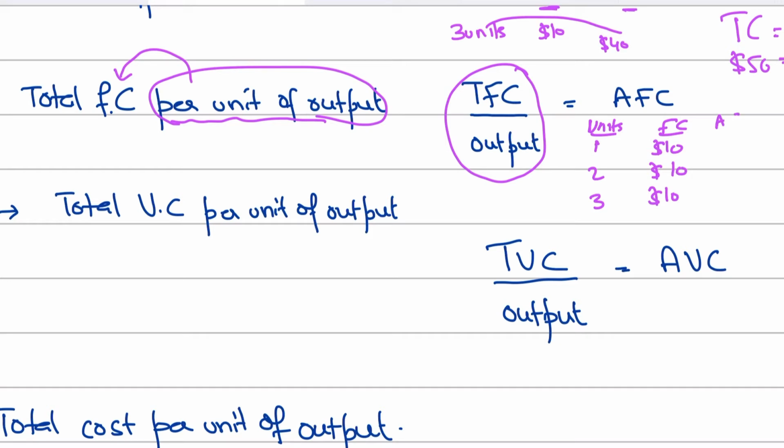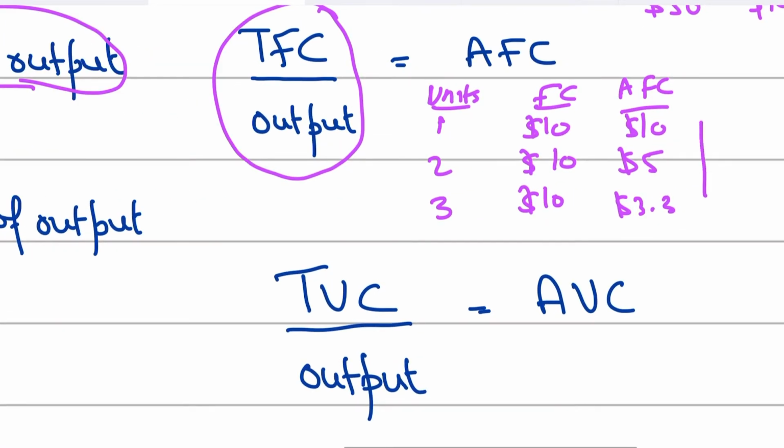So the average fixed cost would be total fixed cost over output. So 10 over 1 would be $10. 10 over 2 would be $5. 10 over 3 would be 3 point something something, right? So we see that the average fixed cost is constantly falling as you increase your output. So as your output goes up, which means your quantity of output increases, your average fixed cost falls.